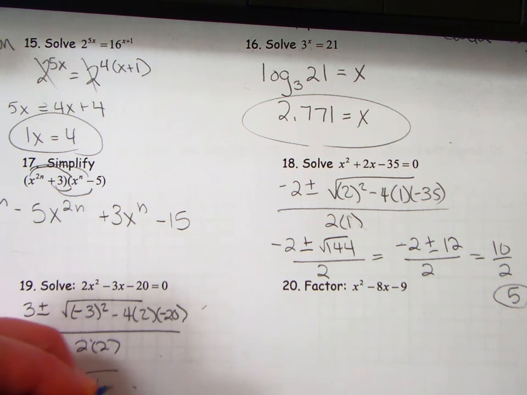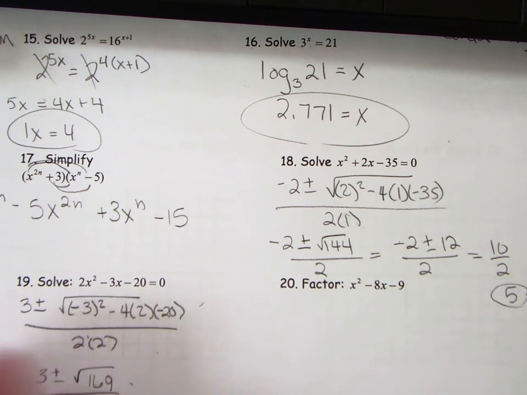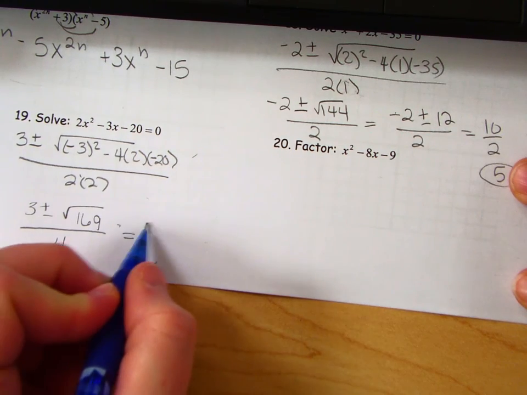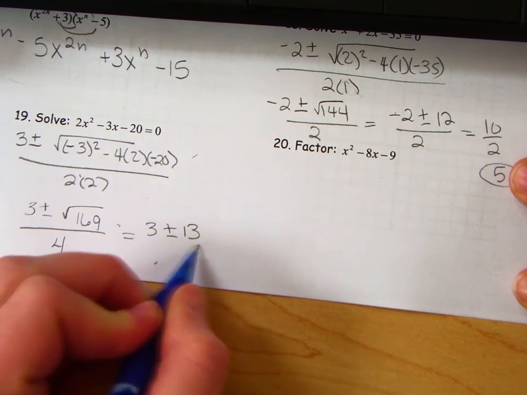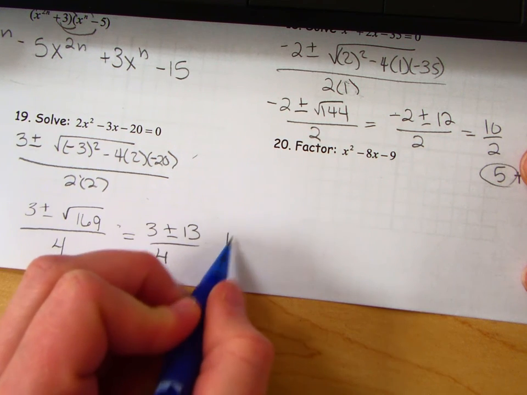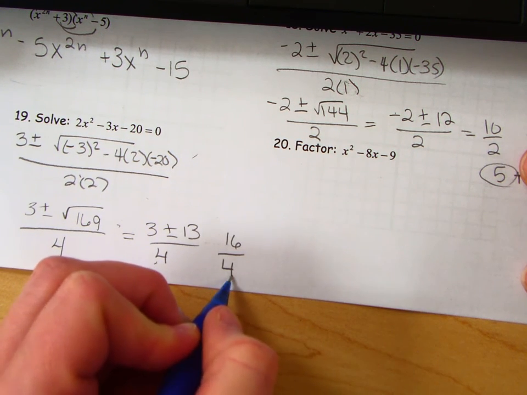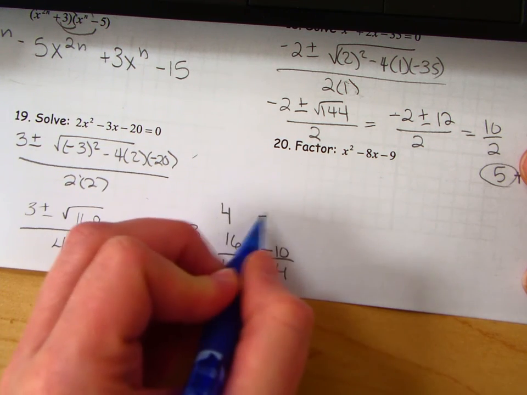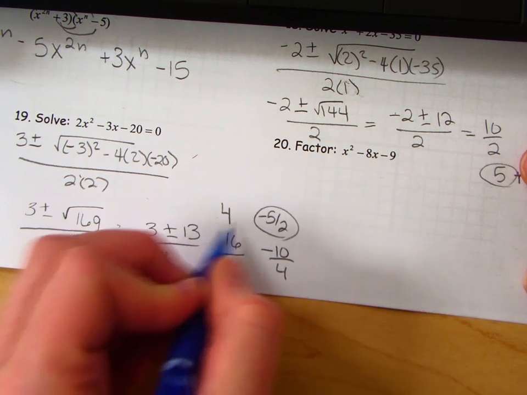Just so you know, on the final there will be one that is not a perfect square. Okay, so the square root of 169 is 13. I'm going to add 3 and 13 and then subtract, and I'll reduce each one of my fractions. So 16 over 4 is 4, and negative 5/2 for the other.